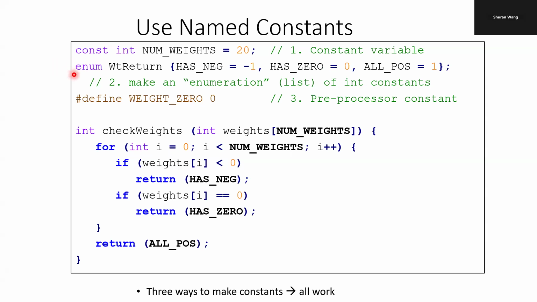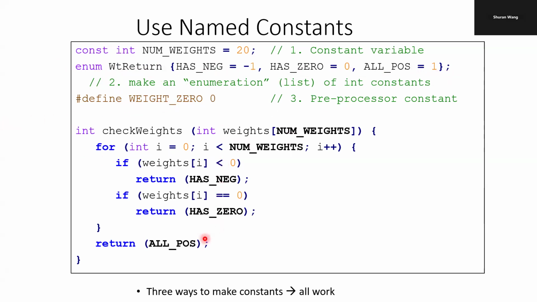Now the second one, enum, weight return. This just gives the names to -1, 0, and 1 that has some meaning. And this enum is actually an enum type. And inside it only has three numbers, -1, 0, and 1.